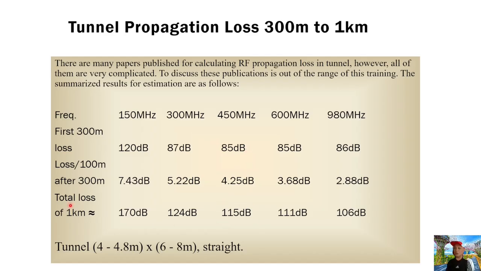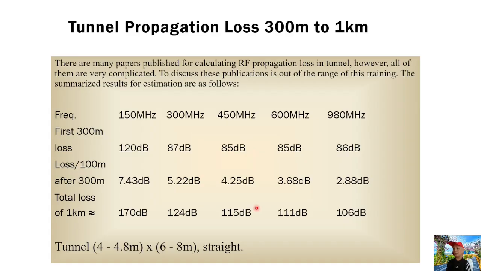And then the total loss for 1 kilometer at 450 megahertz is 115 dB. We use this value to calculate the loss in the tunnel. And then we also have some test results. We can compare, and this calculation based on this table is quite accurate.